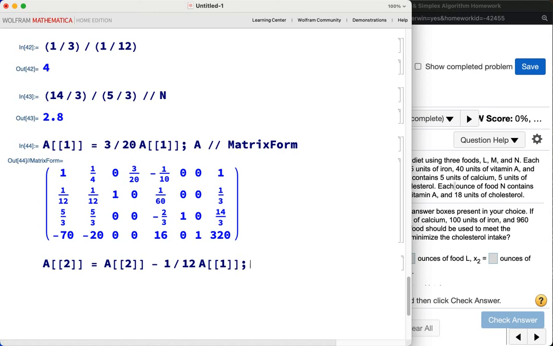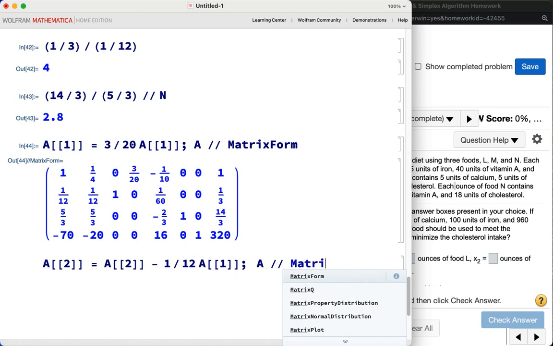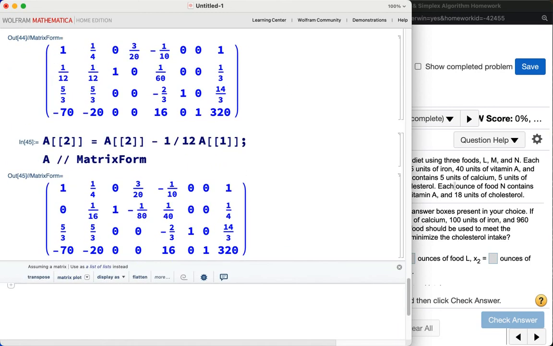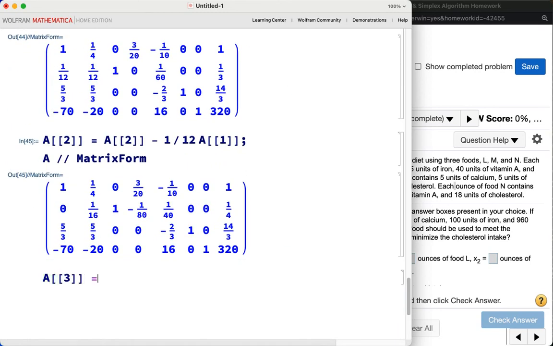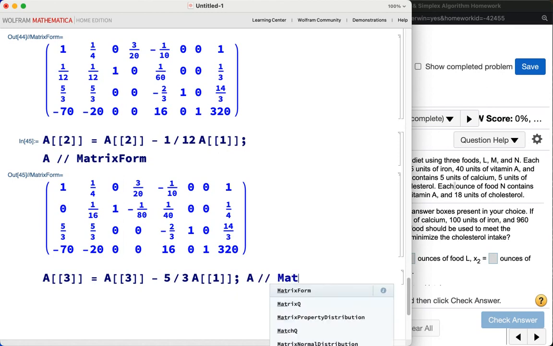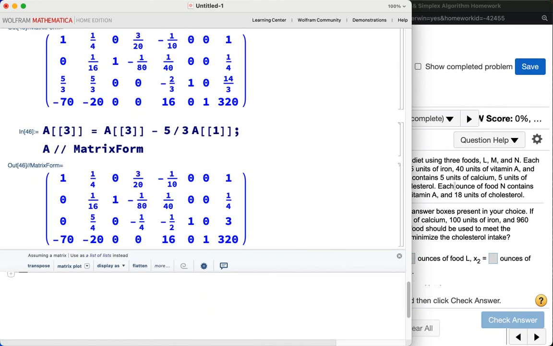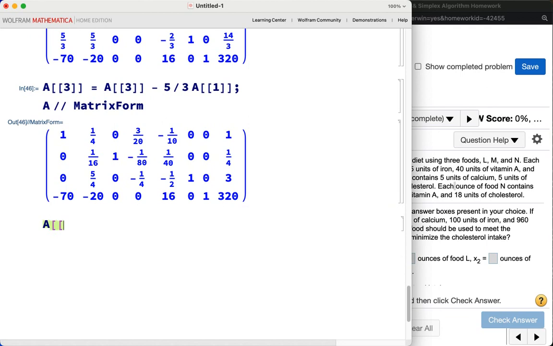The new second row is equal to the old second row minus 1 over 12 times the first row. The new third row is equal to the old third row minus 5 over 3 times the first row. And the new fourth row is equal to the old fourth row plus 70 times the first row.